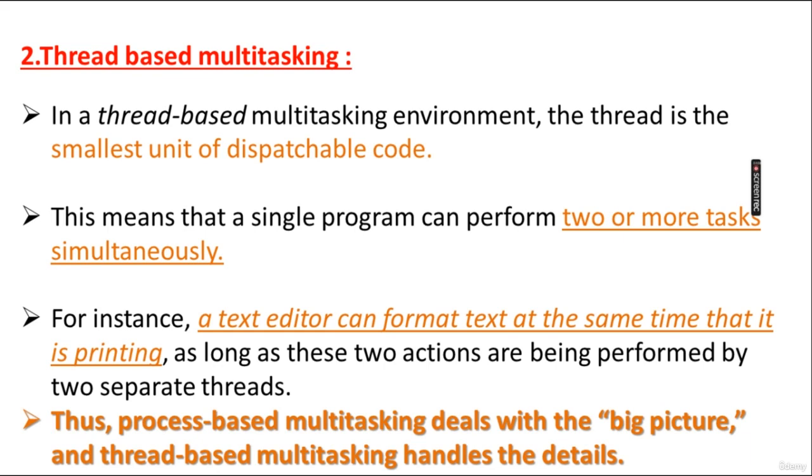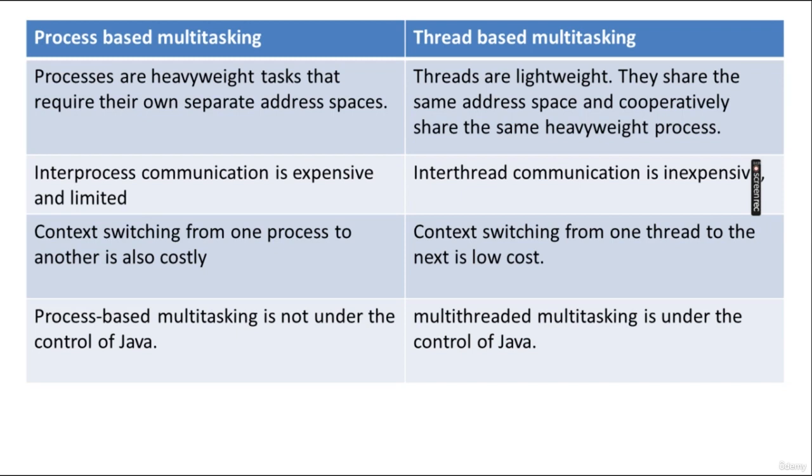So one separate module of execution is running separately, and another part is running separately, so that whatever is being printed is one thing, and whatever text is getting formatted is a different thing. Process-based multitasking deals with the big picture, and thread-based multitasking handles the details of that big picture. So we will see the differences between process-based and thread-based multitasking.